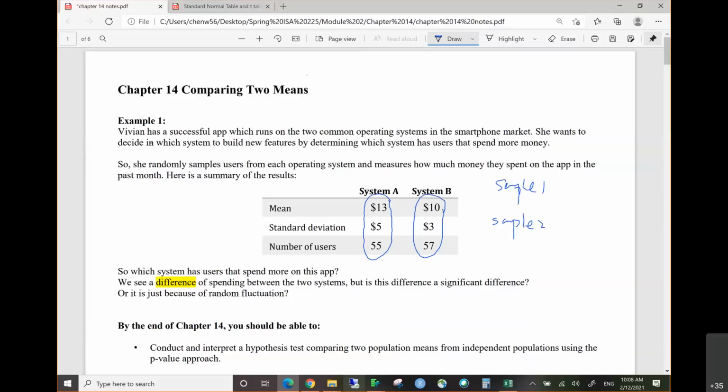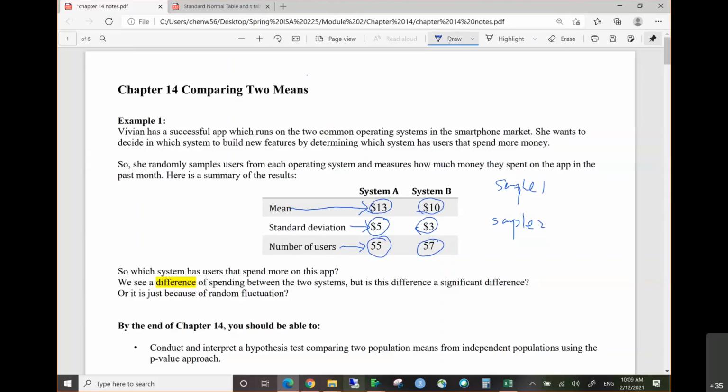Based on each sample, I can get some basic information: the sample mean of system A, the sample standard deviation for system A, and the number of users, which is our sample size of system A. Similarly for the other sample, sample 2.